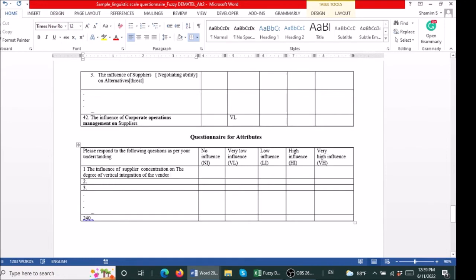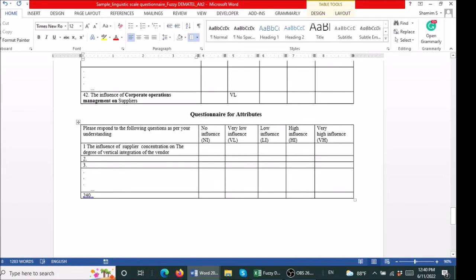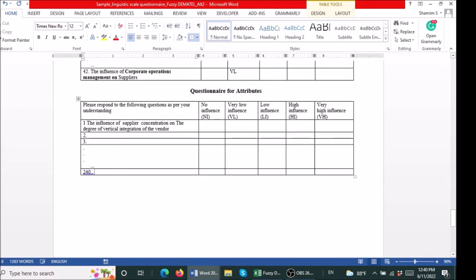So this is how we are asking the relationship to the respondents. So they will rate based on their understanding. So this is how number 2, number 3, and so on up to the 240th question.